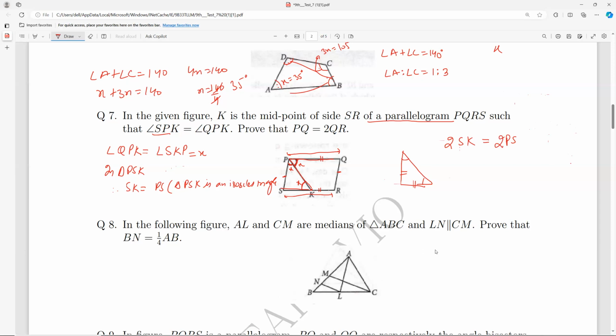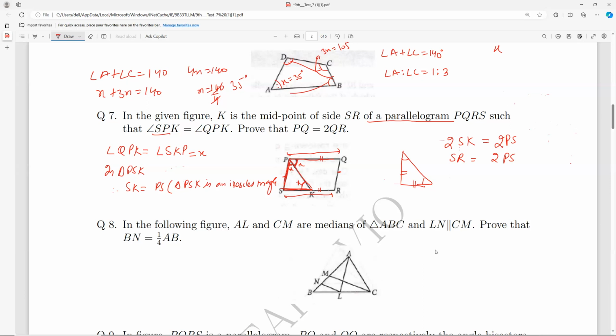And you know that K is the midpoint. So 2 times SK, I can write SR is equal to 2PS. I'm writing SK is equal to PS, so double of this one will be equal to double of this one. I'm just multiplying this equation by 2 on both sides.